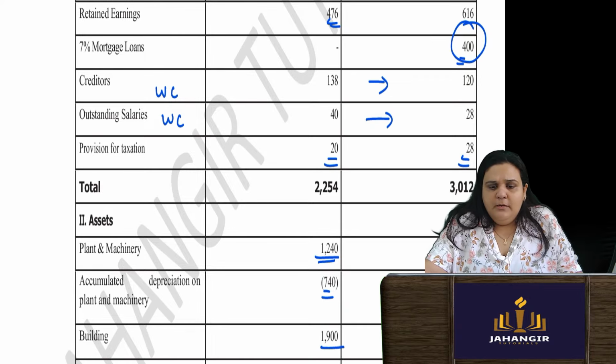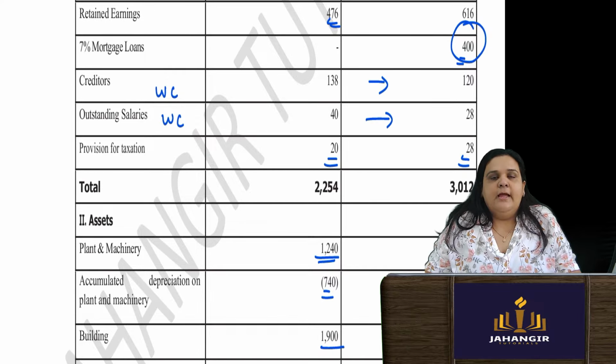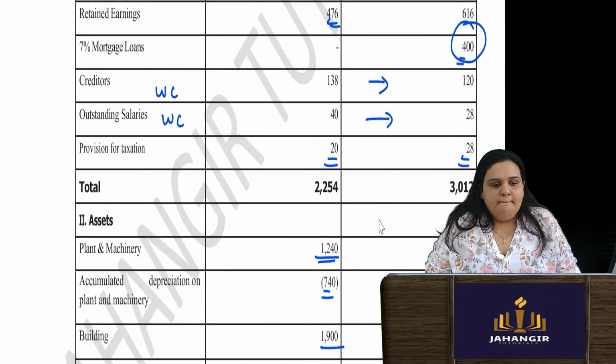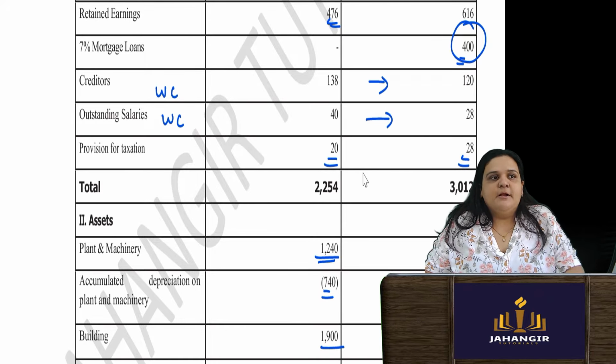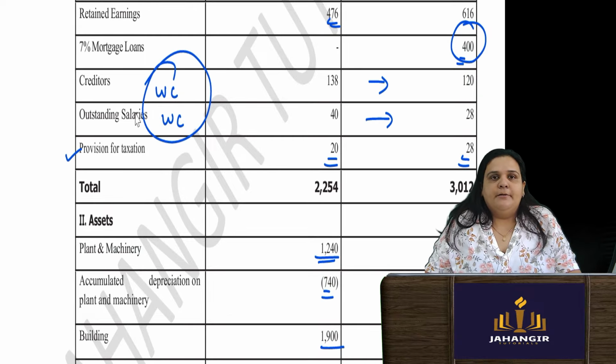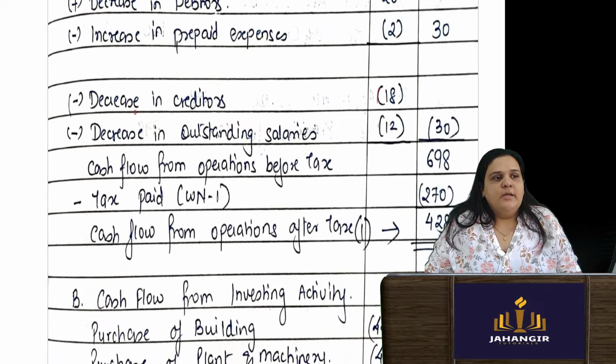So, from 138 has become 120, 18, and 12. From 40 it has become 20. So I am good. This is done. Provision for tax is done. Now I am doing working capital. So 18 and 12 I will have to subtract.